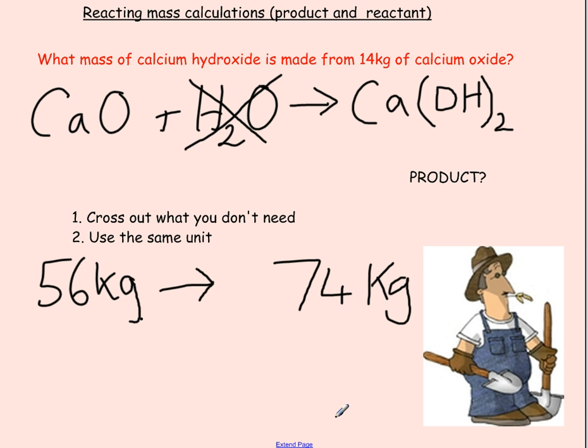Now you've got the 56 of this makes 74 of that, but you need to work out how much 14 will make. Now they've told you it's this one. How much will 14 of this one make? So what you need to do is make this side equal 1. Whichever one they've given you, that's the one you divide by.